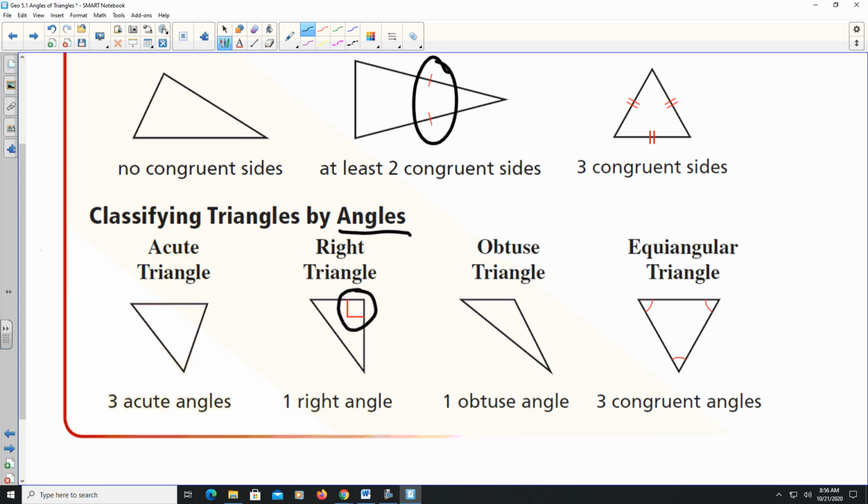We have an obtuse triangle. Obtuse triangle means you have one obtuse angle, and in this case, it would be this particular interior angle here. And then finally, the last classification for angles would be an equiangular triangle where all three angles are congruent.